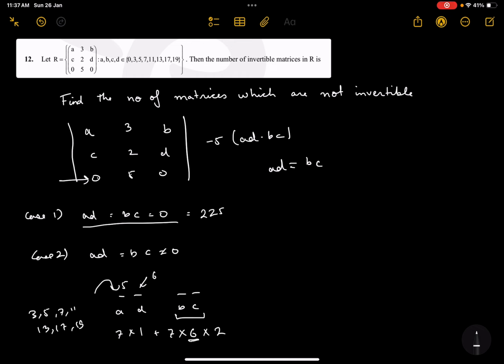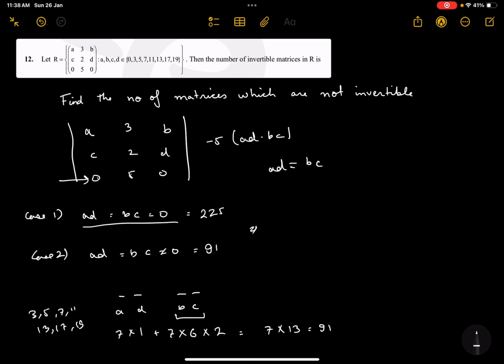That's why into 6. And say I keep 5 and 7 here, then I'll be able to keep 5 7 or 7 5 here, so that's why 2. So this becomes 7 into 13. So in case 2, there are 91 distinct arrangements.